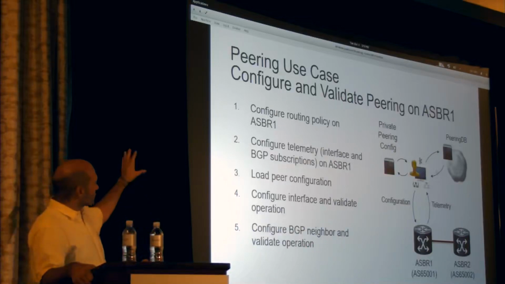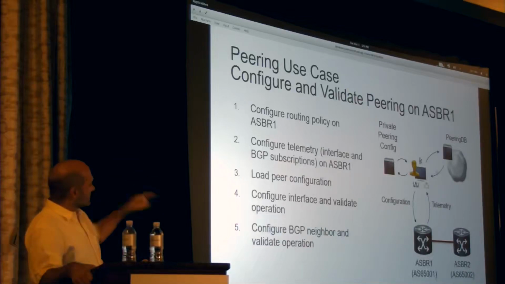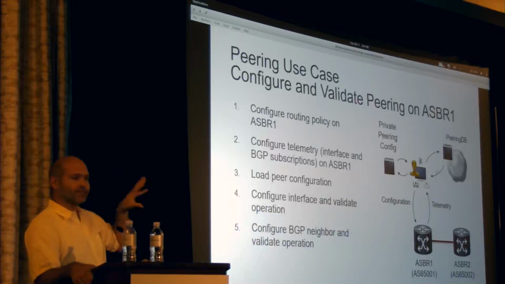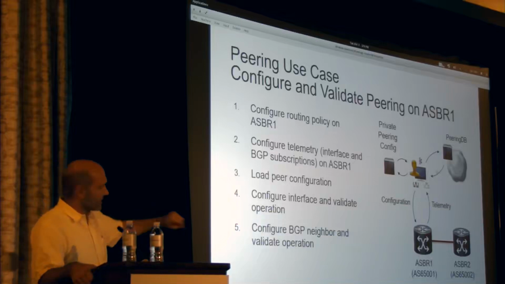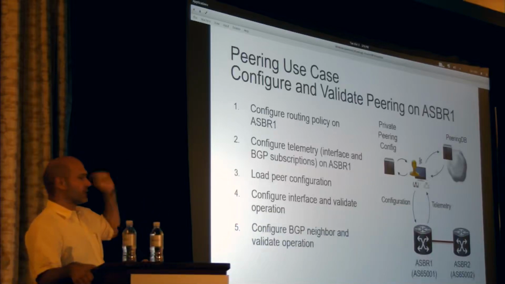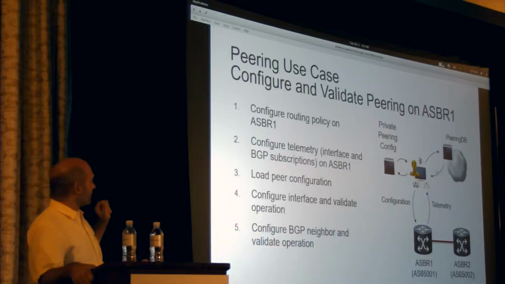So I'm going to show an initial step of configuring a routing policy on that device. Then a day 0 configuration of enabling telemetry on that ASBR1, so that ASBR1 starts streaming to me all this OpenConfig state for interfaces and for BGP.